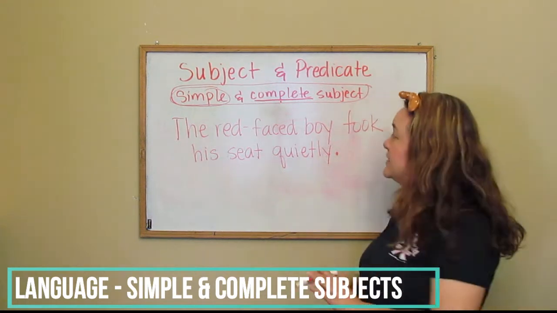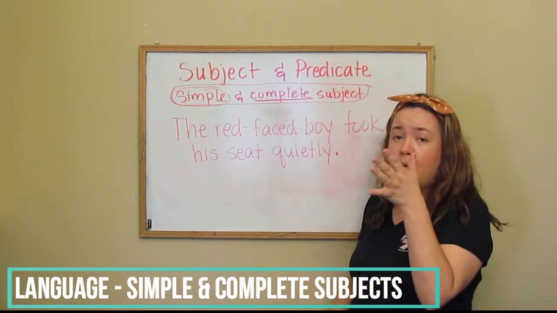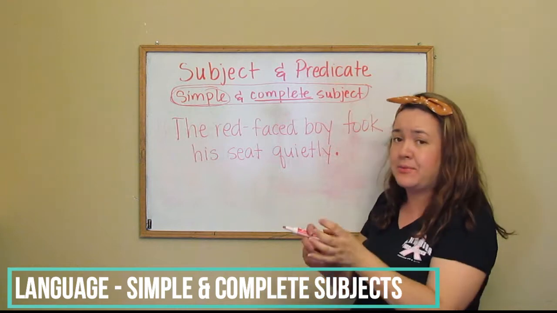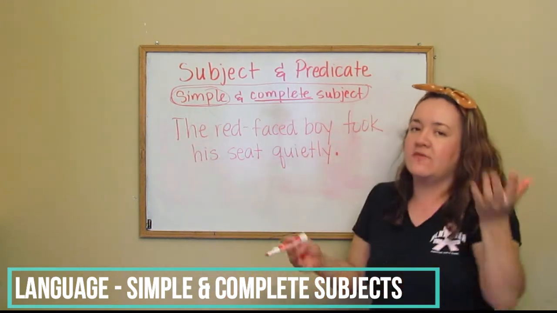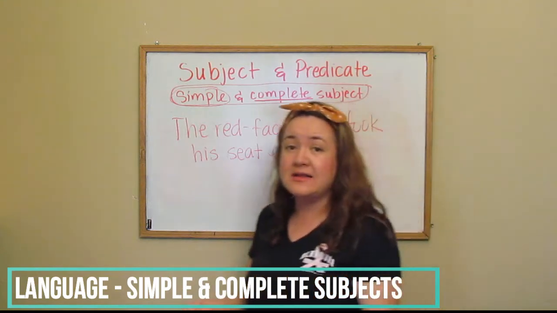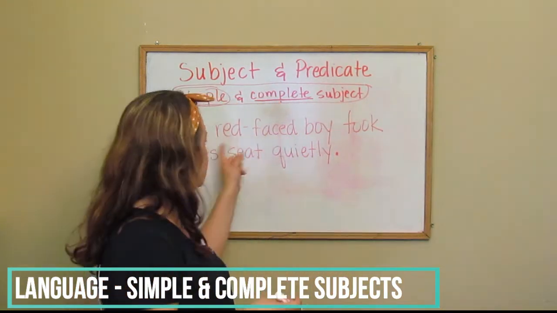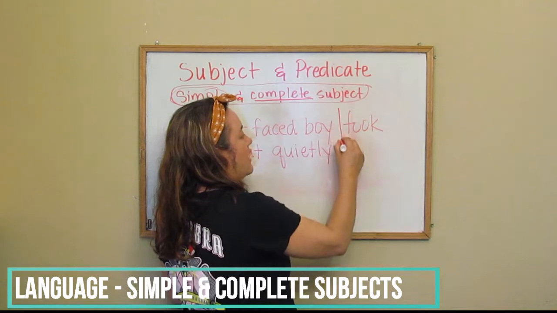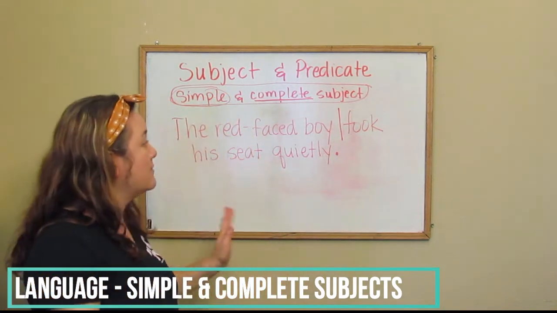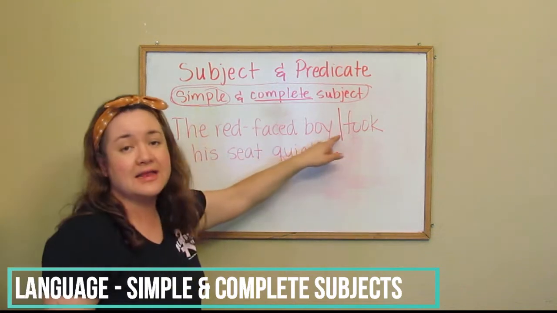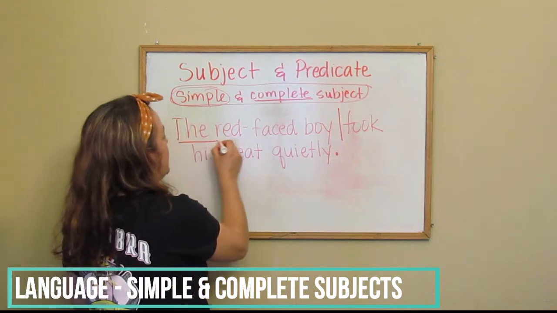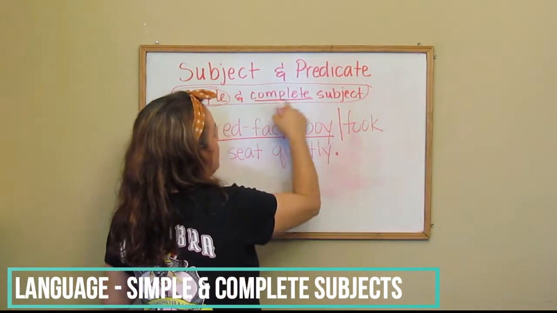Okay, so the first thing I want to do is figure out where I should draw my line to separate subject from predicate. So the red-faced boy took his seat quietly. Ask yourself, who is the sentence really about? It's going to be about the red-faced boy, so I would draw my line right there. That automatically gives us our complete subject on this side of the line. So we can underline it, the red-faced boy, because that's a complete subject.